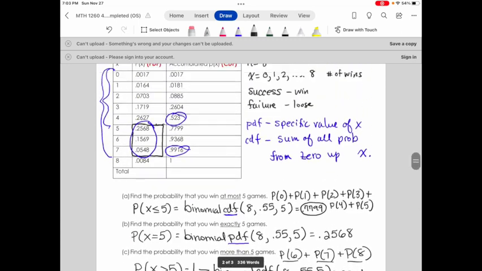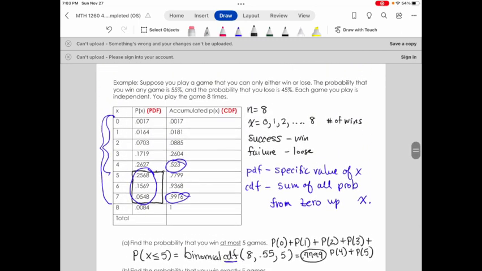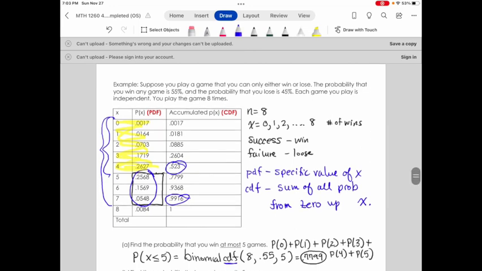Then I want to subtract off the stuff I don't want. Let me highlight it in a different color here. I'll use yellow. I don't want all of this from 0 to 4. I want 5, 6, and 7. I don't want anything below 5. So I'm going to subtract the CDF that goes up to 4.